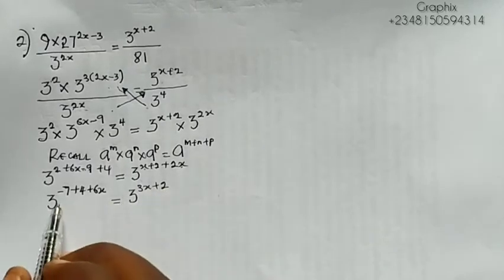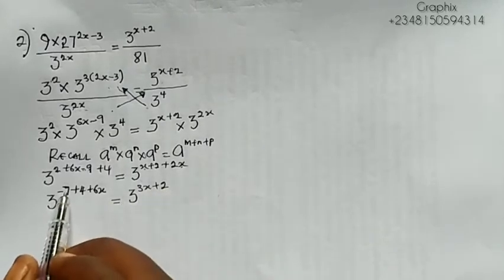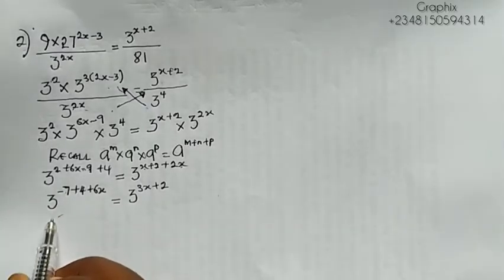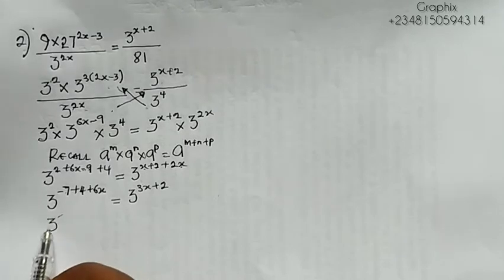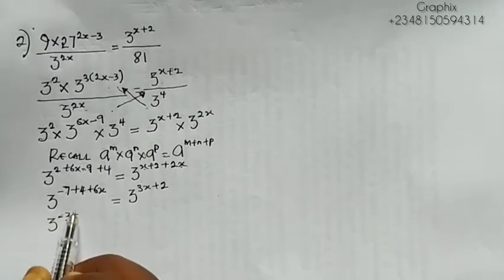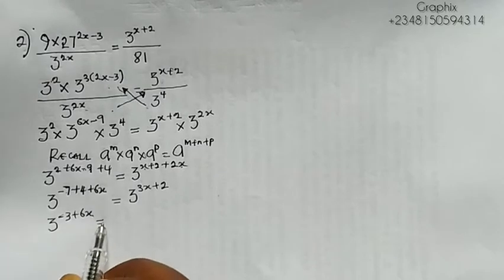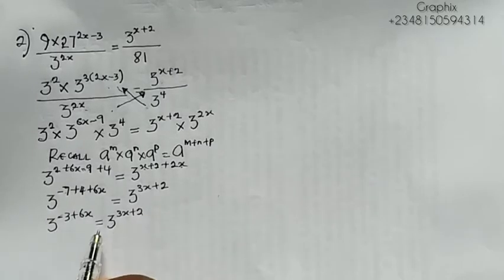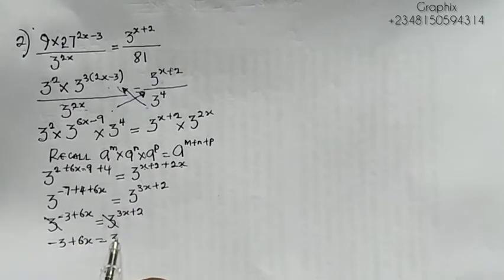So from here, minus 7 plus 4 will give you minus 3. So I'll be having 3 raised to the power of minus 3 plus 6x equals 3 raised to the power of 3x plus 2. Now when you have equal bases, they equate, right? So this will equate this. I'll be left with minus 3 plus 6x equals 3x plus 2.